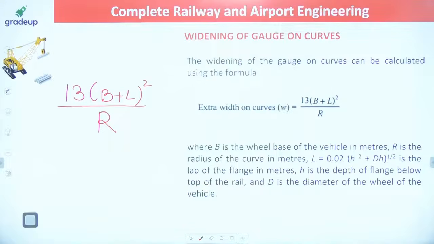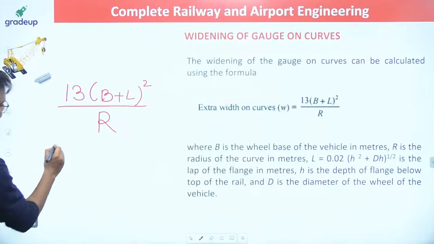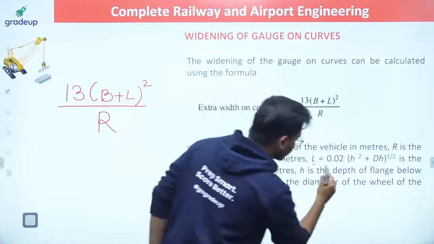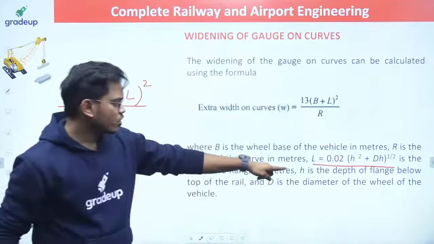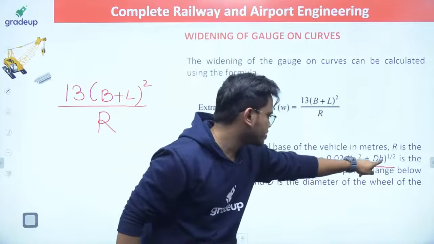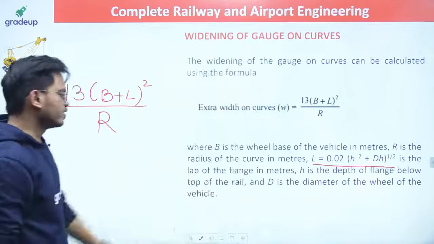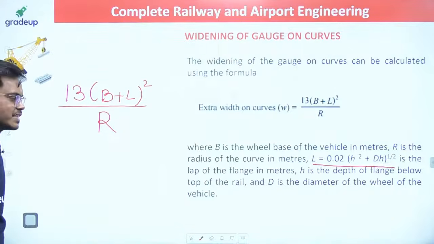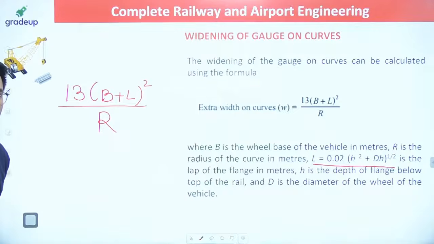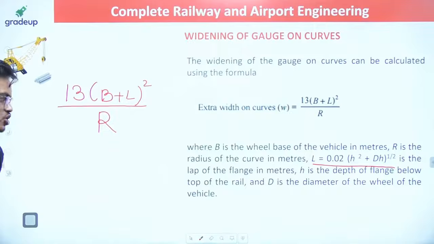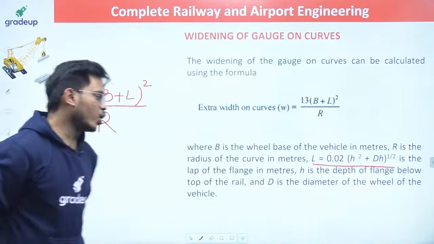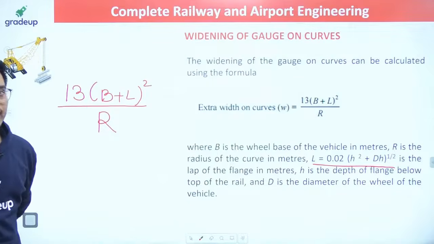Here b is the wheelbase and l is 0.02 under root of h square plus dh, where small h is the depth of the flange, and capital D is the dia of the wheel.